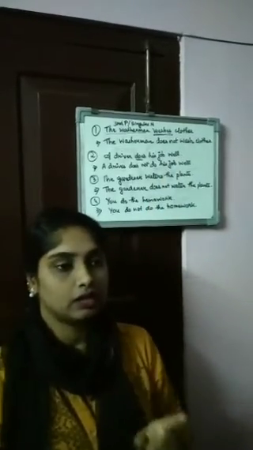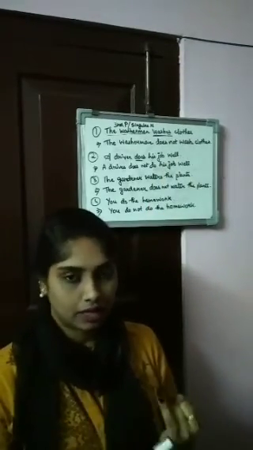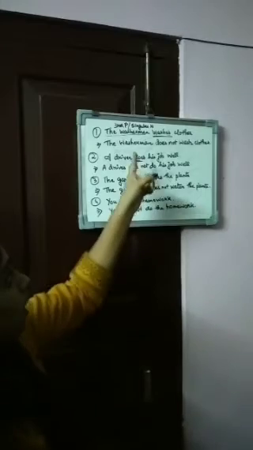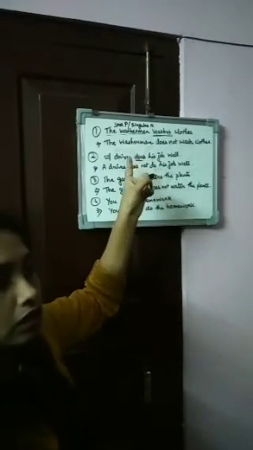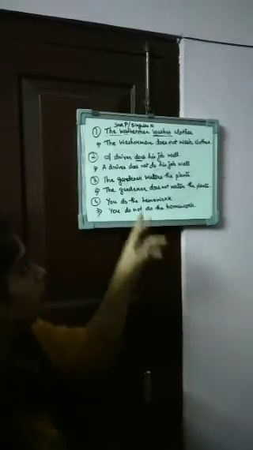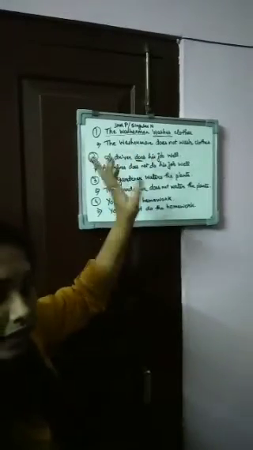So first of all, you will see the tense. You know how many tenses there are: present, past and future. So this is present tense, and then you will see which person and number it is. This is third person. In case of only third person, these things happen.